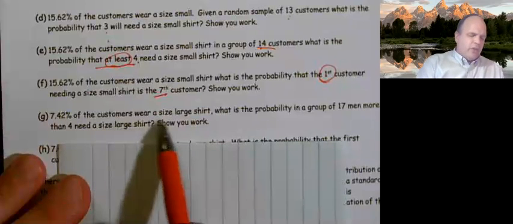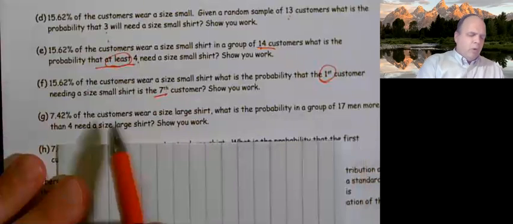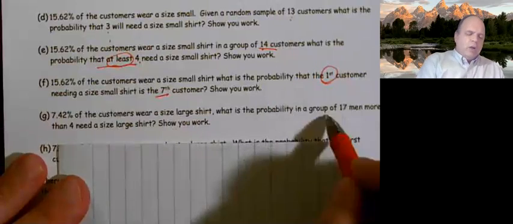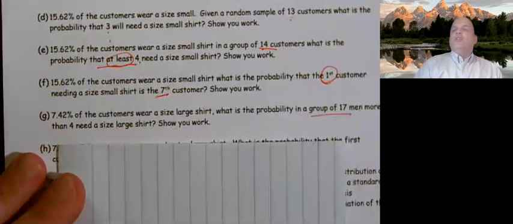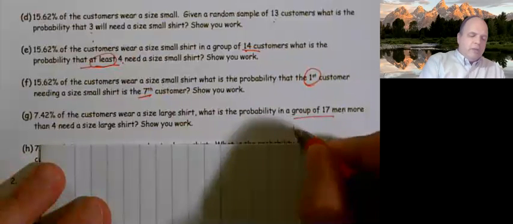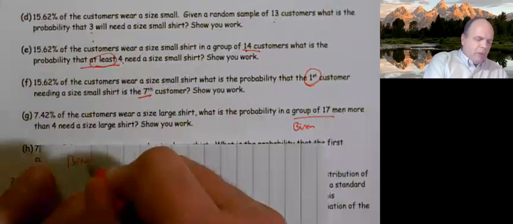7.42% of the customers wear a size large shirt. What's the probability in a group of 17 men, more than 4 need a size large shirt? Group of 17, so we have 17 trials. So this makes this a binomial.